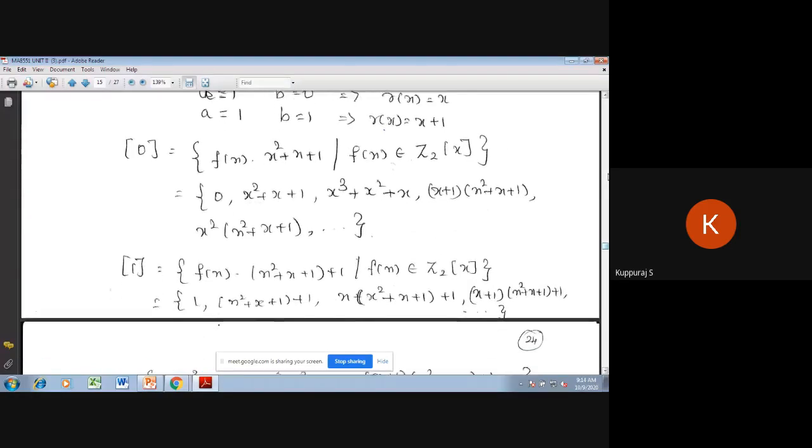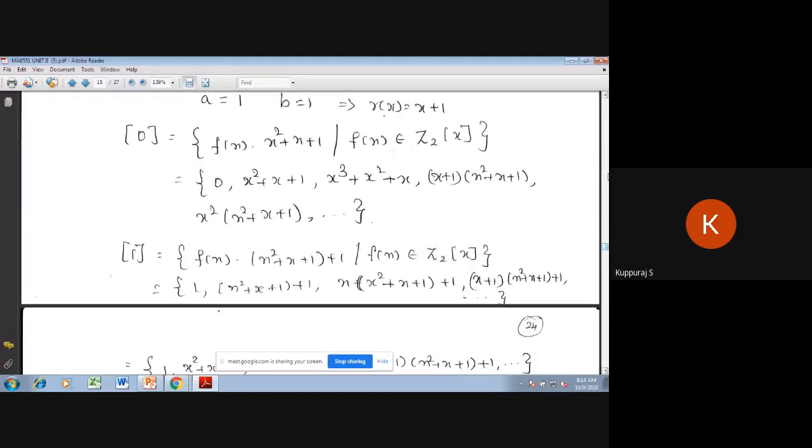Then class 1 is equal to f of x into x square plus x plus 1, plus 1, where f of x belongs to Z2 of x. Suppose you take the zero polynomial, then you get 0 into x square plus x plus 1, that is 0, plus 1, which is 1.